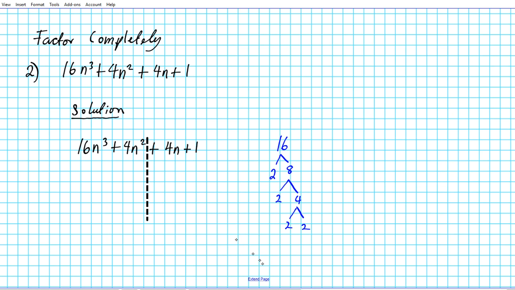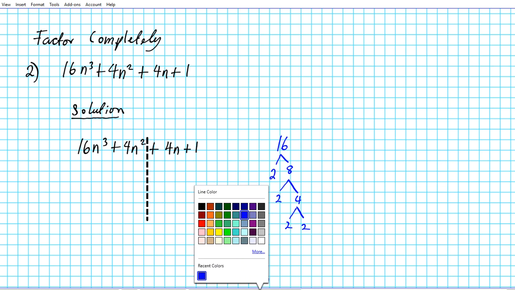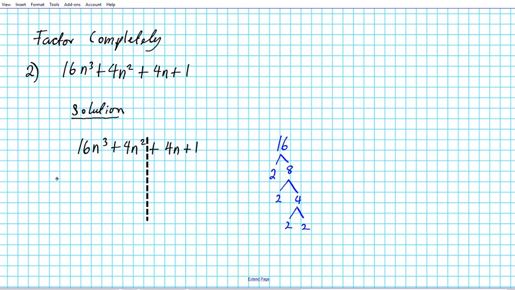So if we want to write 16 in its prime factor decomposed state, we'll have 2 times 2 times 2 times 2, 4 2's, and then times n times n times n. If we want to break down 4, we can see it here, simply 2 times 2. So we have 2 times 2 times n times n. Bring down the middle sign, break down 4 again. We have 2 times 2 times n plus 1.